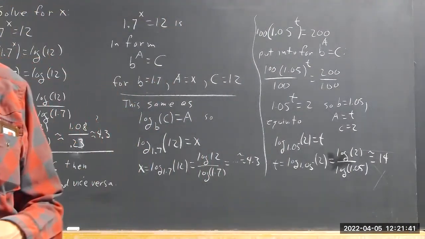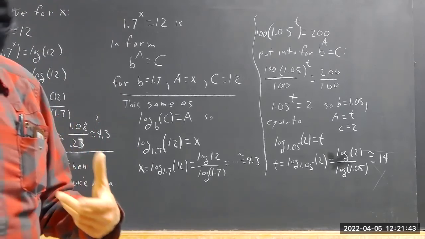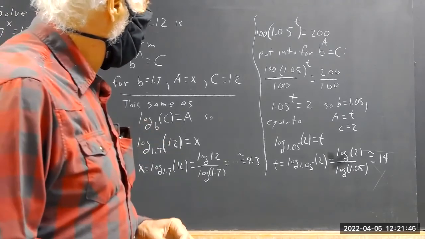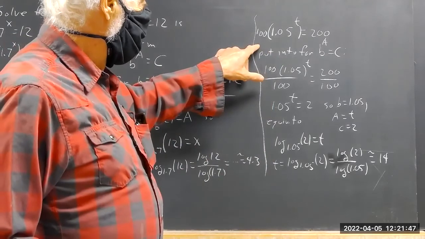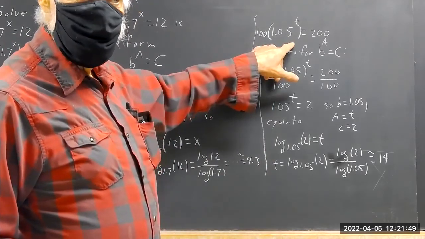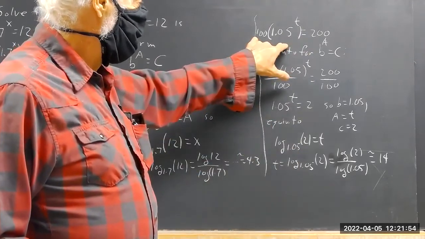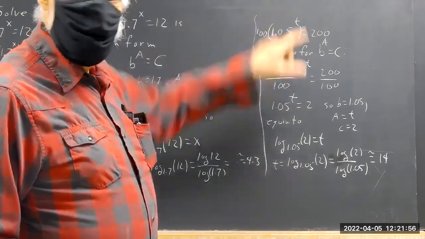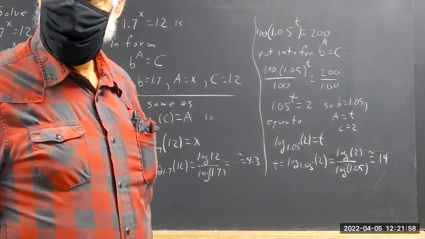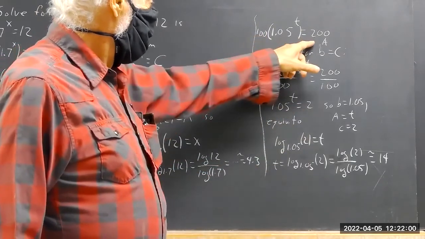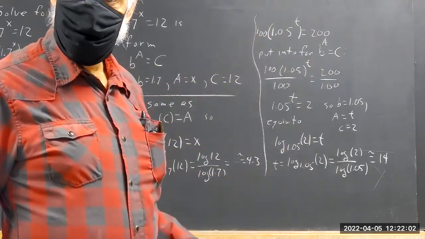The significance of this is, and I've been over the details of this, if you invest $100 at 5% interest compounded continuously, this is the function. It tells you how much this thing is worth after t years. And 200 is twice as much as 100.